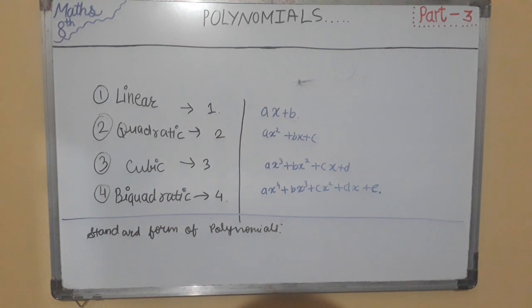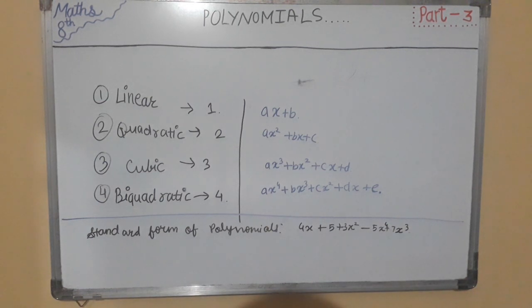So, in the example we'll take 4x plus 5 plus 3x square minus 5x plus 7, plus 7x raised to 3.